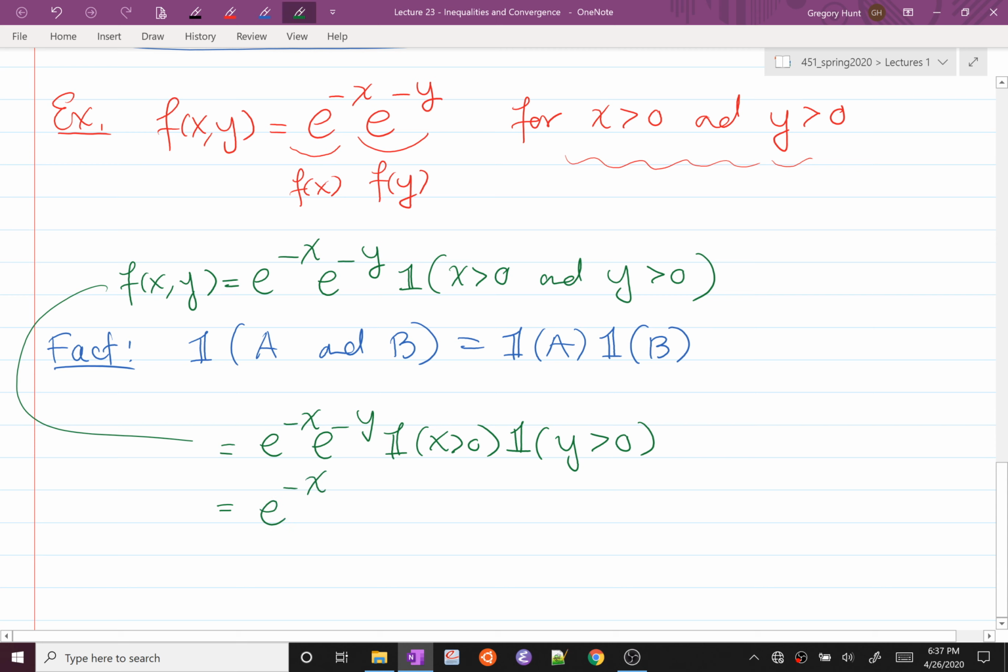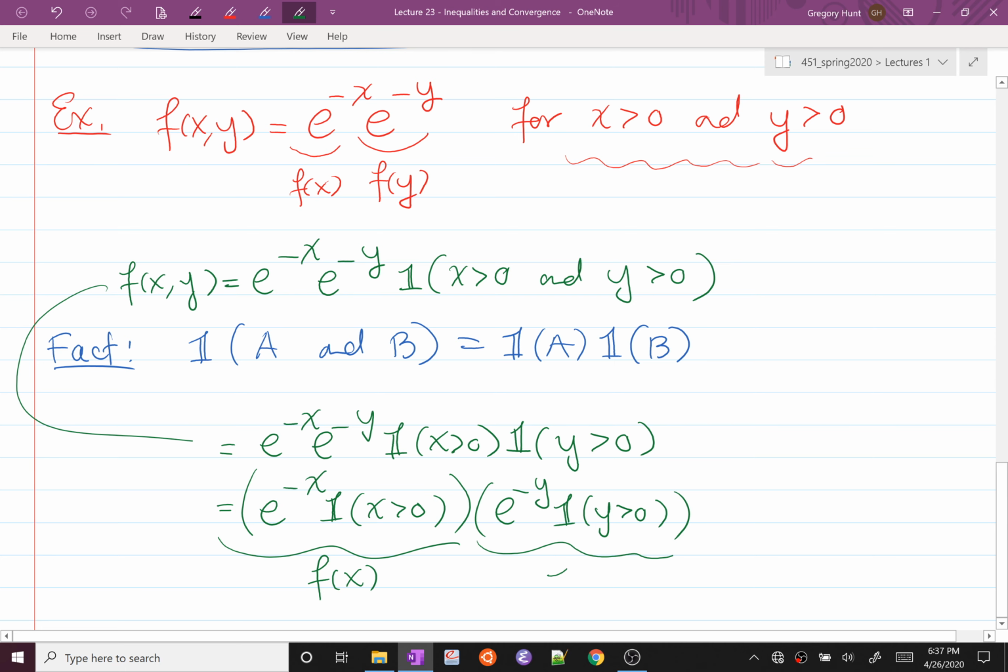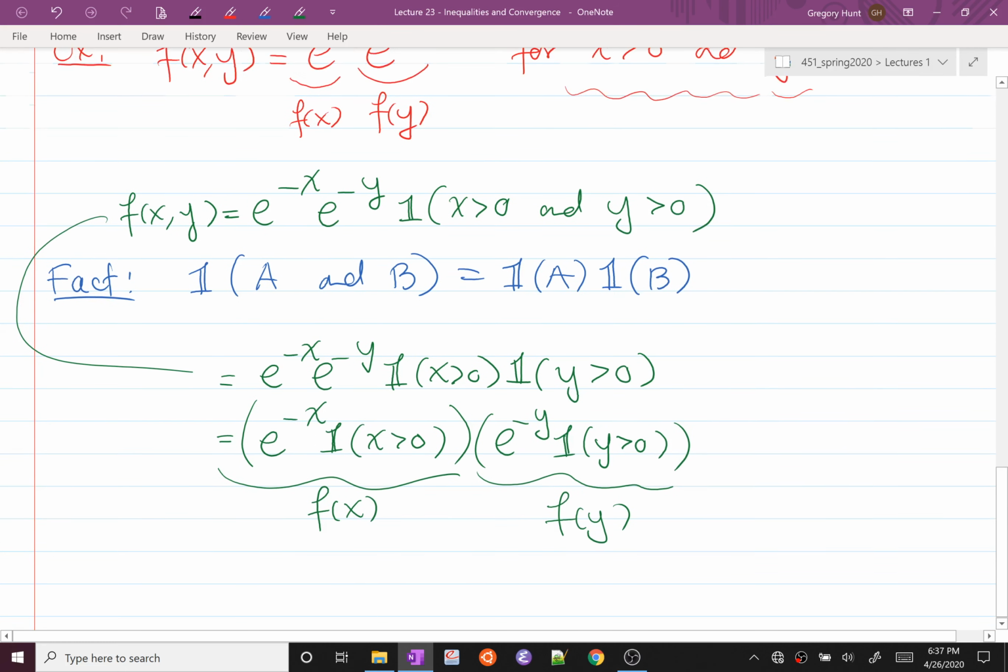I can factor e to the negative x indicator x bigger than 0. That's my f of x, and I can multiply that by e to the negative y indicator y bigger than 0. And this is my f of y. I see that this first thing depends only on x. The second thing depends only on y. And so we're all good.